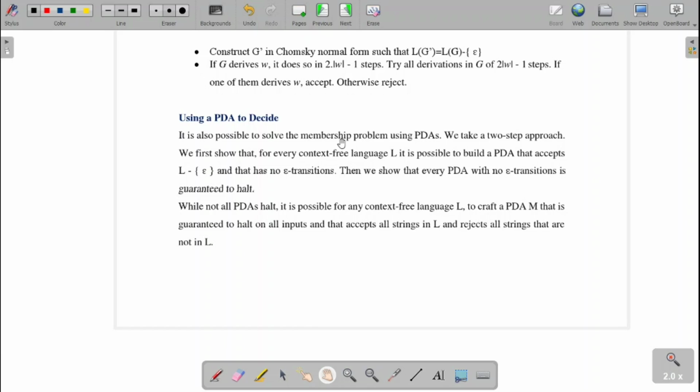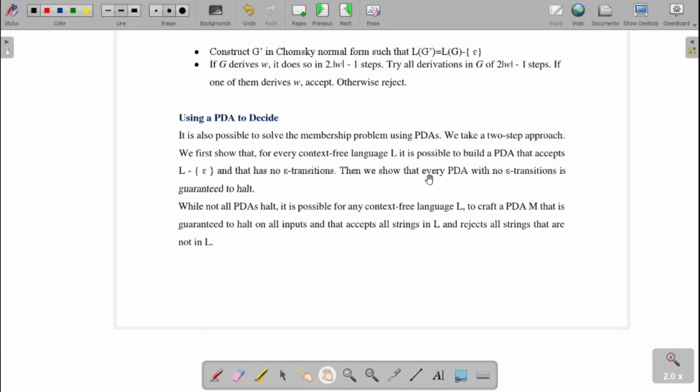Once you have done the conversion, then from the resultant grammar you remove the epsilon production, that is, you convert into Chomsky normal form, CNF. Then if that CNF grammar derives your string W, we say that it is accepted, or else it will be rejected. Fine? That is your first method, without the epsilon transitions.